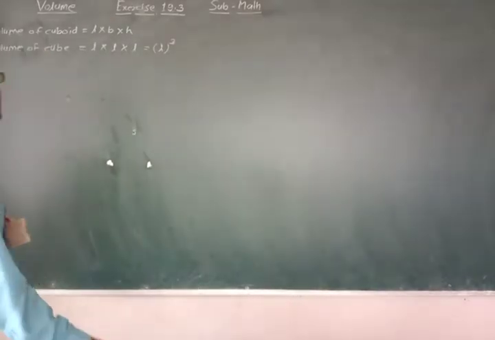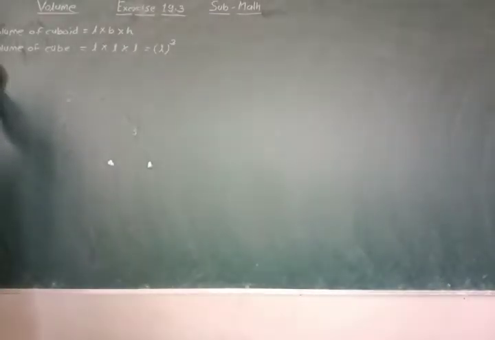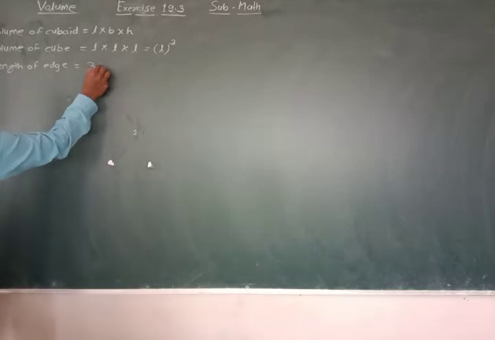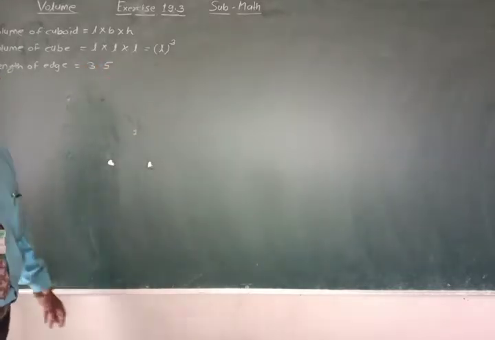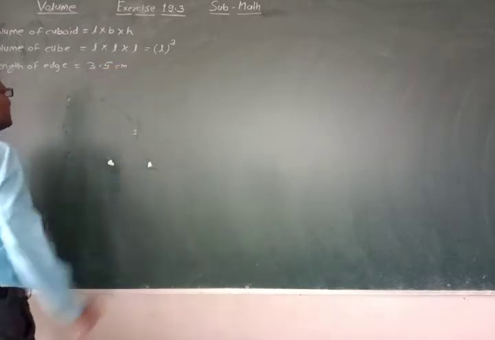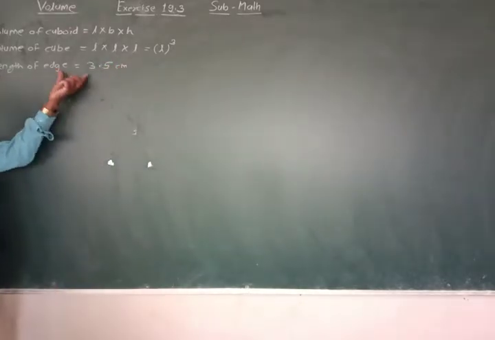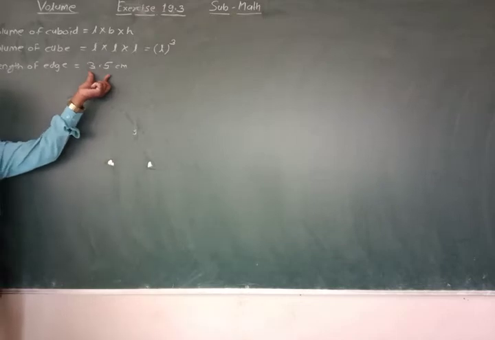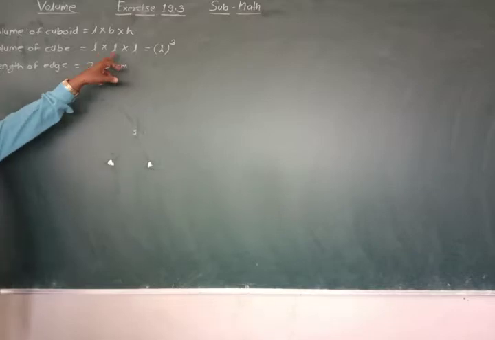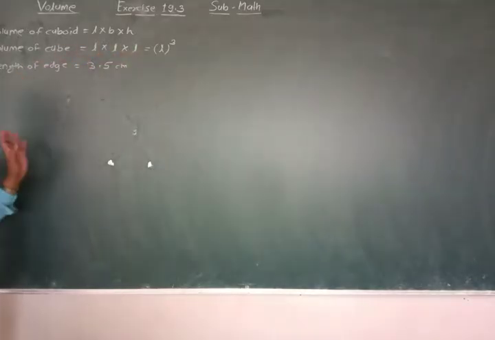Here only the length of edge is given. So first, length of edge is equal to 3.5 centimeter. Then find the volume of cube. Volume of cube is equal to L multiplied by L multiplied by L. So write the formula first.